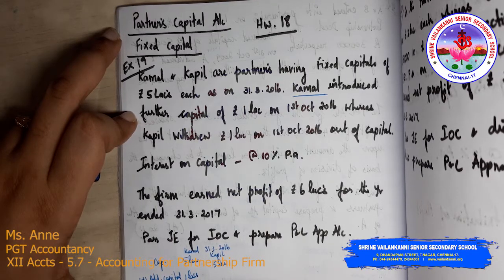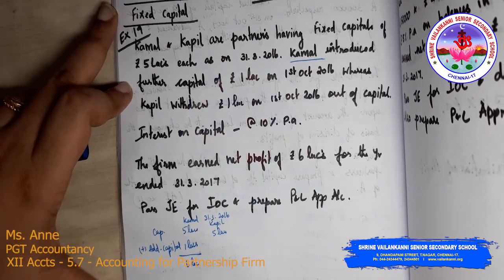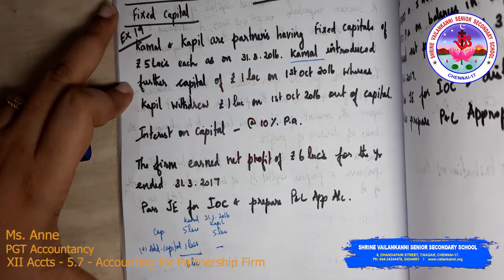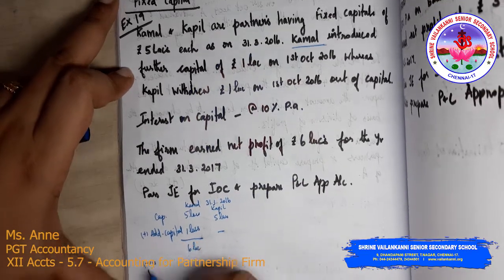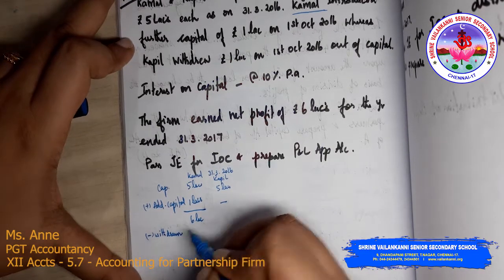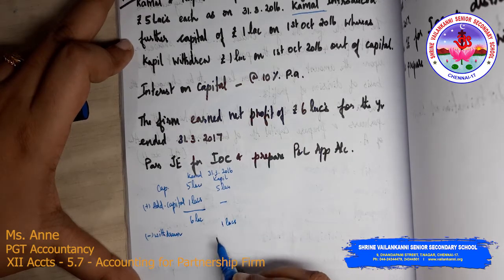So his capital totally is 6 lakhs, as you can see here. Whereas Kapil has not introduced any capital. He has withdrawn rupees 1 lakh from his capital.